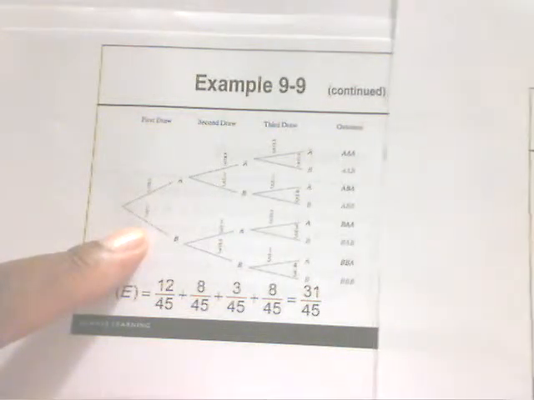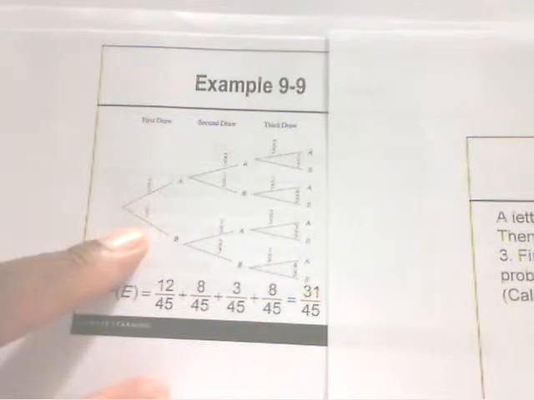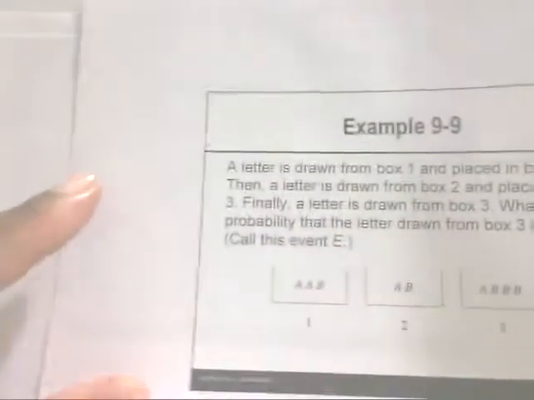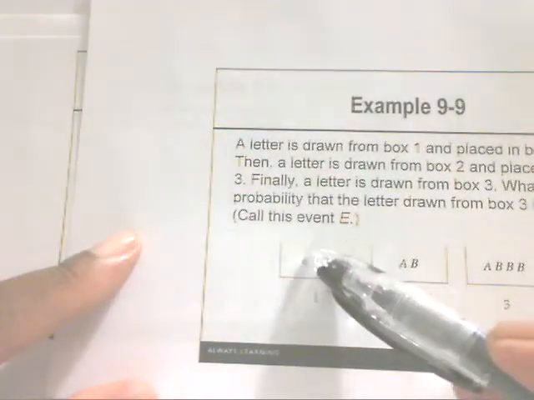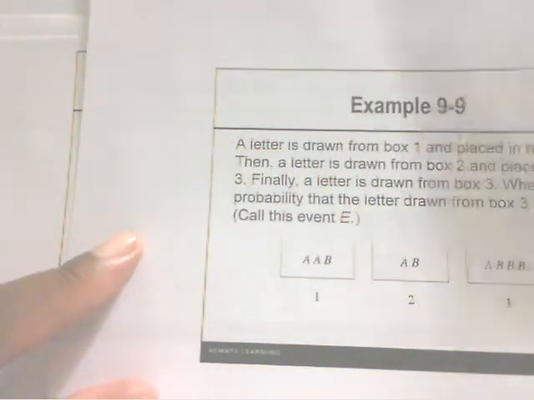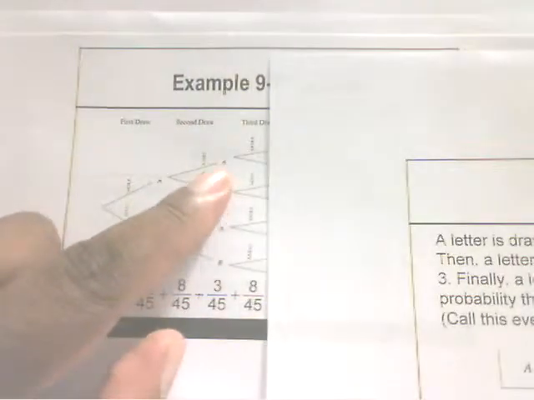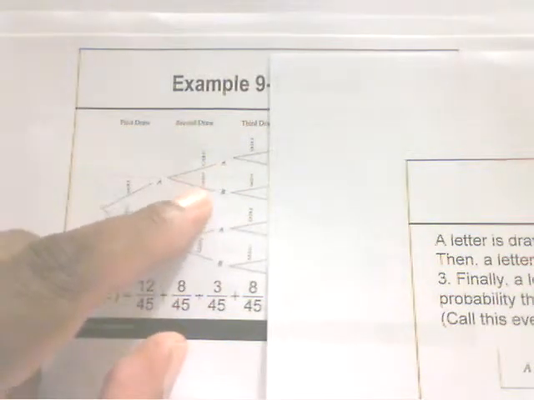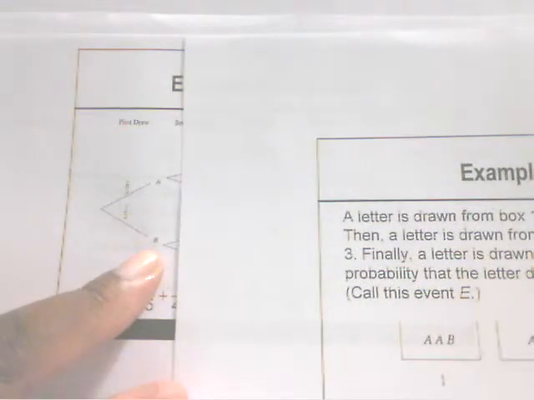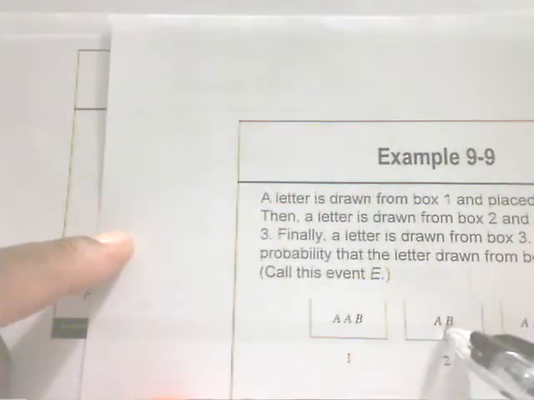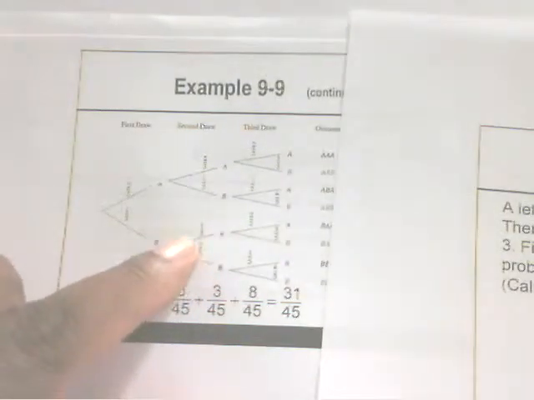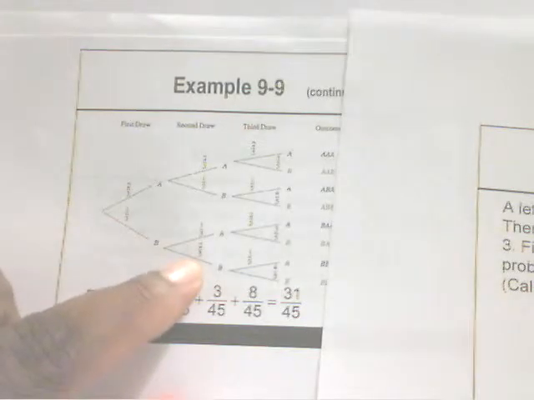And then on the second draw, if an A is drawn out of the first box and placed in the second box, this time you've got 2 A's and 1 B. So the probability of an A would be 2/3, and the probability of B would be 1/3. Or if you draw a B out of the first box and put it in the second box, now you have an A with 2 B's. The probability of A this time would be 1/3, and the probability of B would be 2/3.